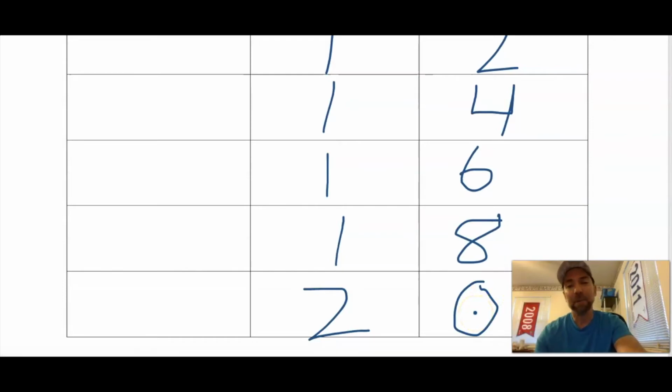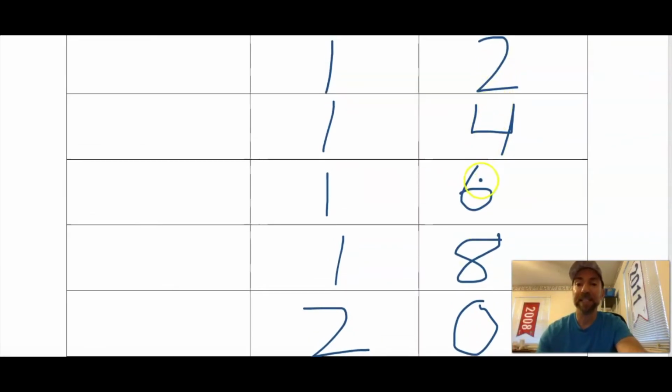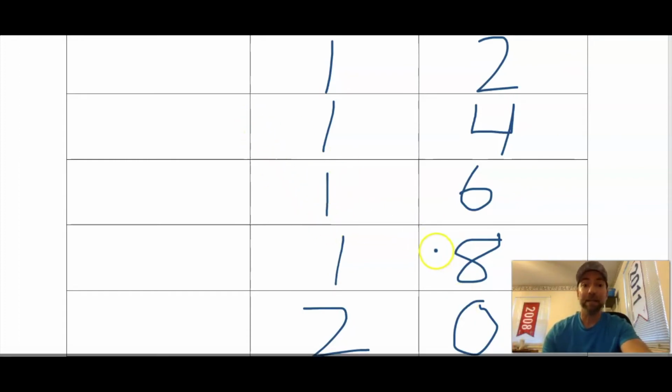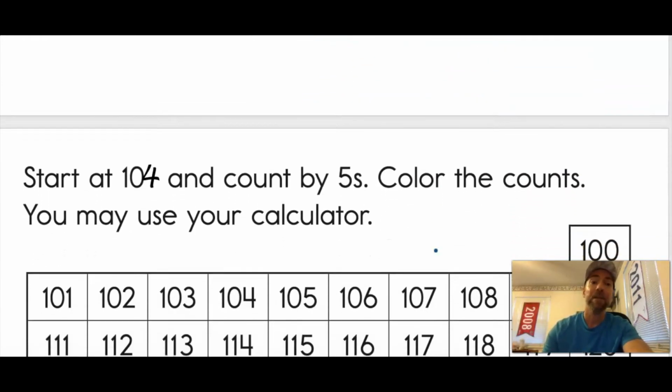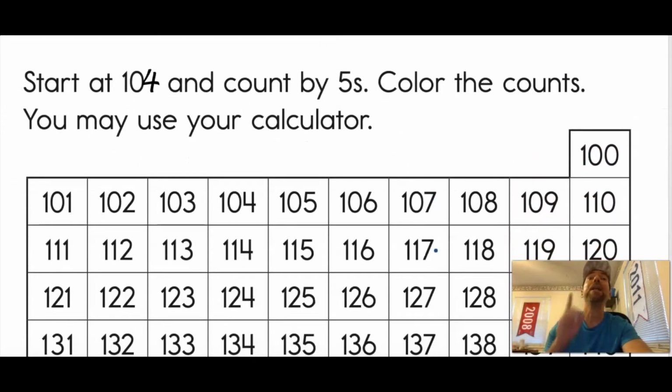Do you know a number that ends with 2, 4, 6, 8, or 0 has a special name? We call them even numbers. Wow, pretty good. All right, let's go ahead and clear off our sheet protector because we're going to try one more together.